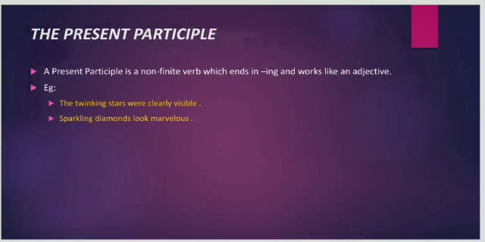Again the word sparkle is a verb, but we are using it here as an adjective. It is showing the quality of a diamond. In the previous sentence, twinkling stars, the word twinkling was showing the quality of a star. That is why it was used as an adjective. Okay.